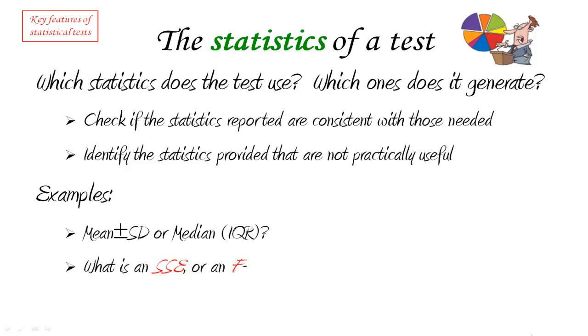Also, you may have seen in articles some tables that include things like SSE or F statistic. And you may wonder, what are those and what are they good for? Well, as we're going to see later, these are actually the outcomes, what comes out of certain statistical tests. And it turns out that they're not really that useful.